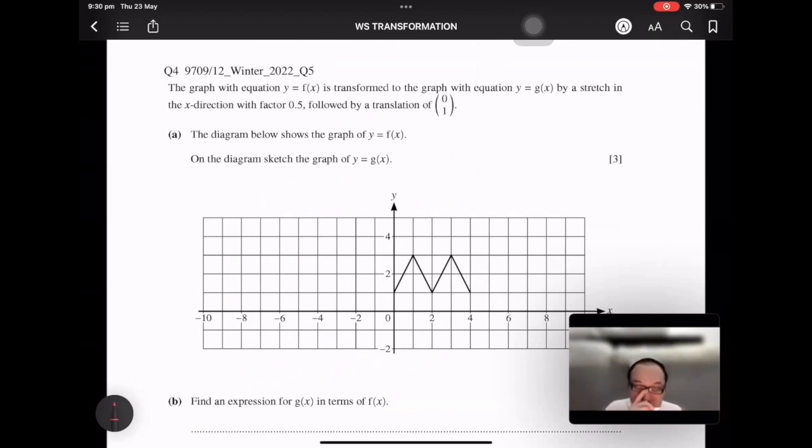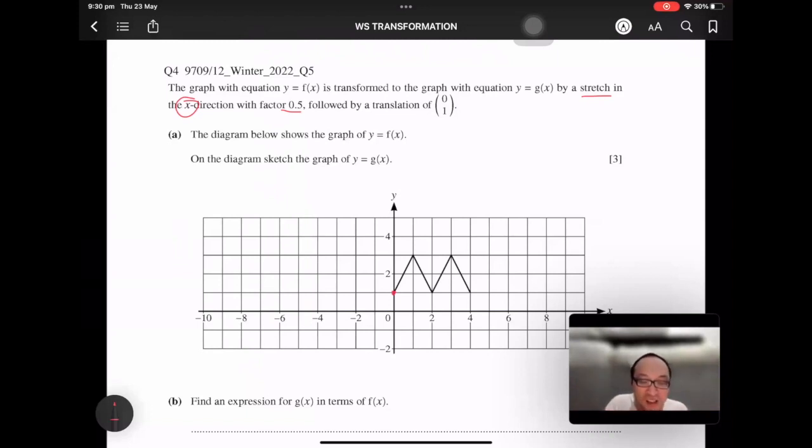So again, x being stretched by scale factor half. So we multiply the x coordinates, because it is in the x direction, by half. The x coordinate here is 0, so multiplied by half it equals 0.